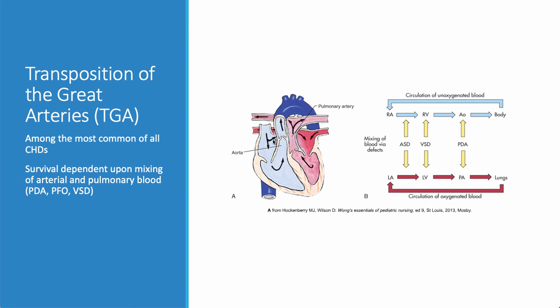Well, the reason that happens is with this thing called congenital correction. So when it's congenitally corrected, there is an ASD that is present, and you have to have some communication between the left and right heart in order to survive this.